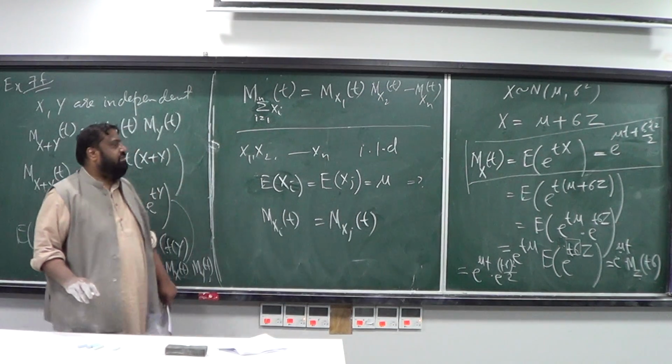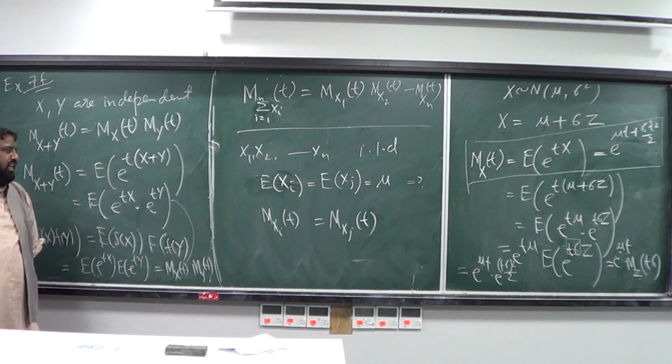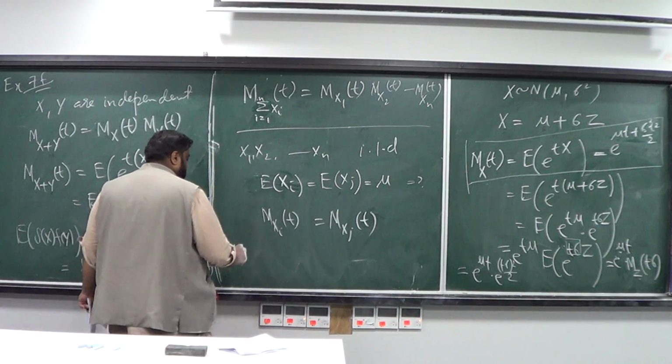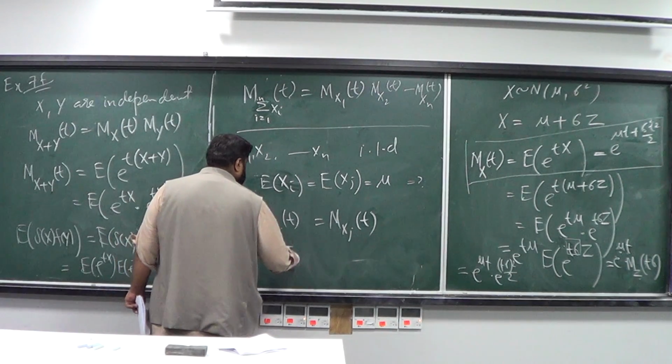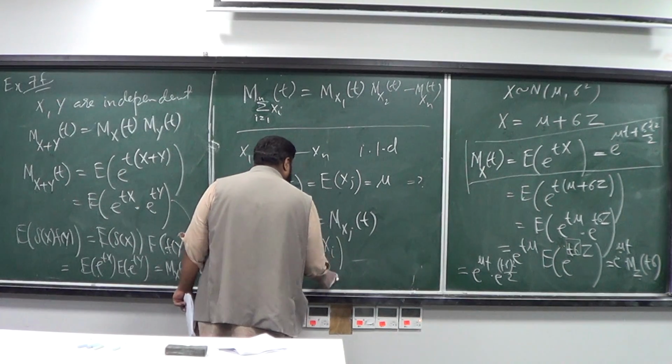Okay, so if the random variables are identically distributed, their moment generating functions are also equal. Why should this be the case? Here's the thing. So take say xi at t, I know that this is going to be the expectation of e to the t xi.